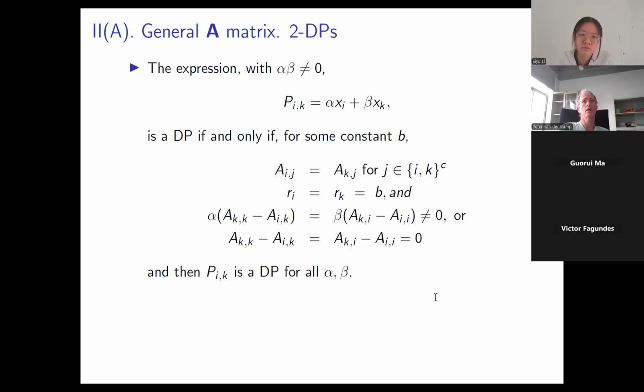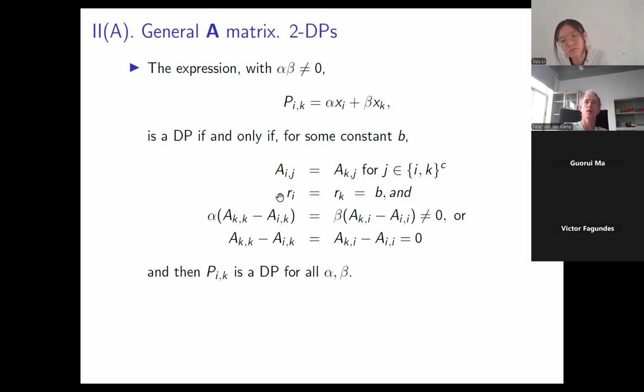Okay, this is a second topic. I don't think I'm going to go through all 4 topics, but what we do here is starting with a general A matrix, and we say we want this thing to be a Darboux polynomial. What is the constraint on the matrix such that that is the case?